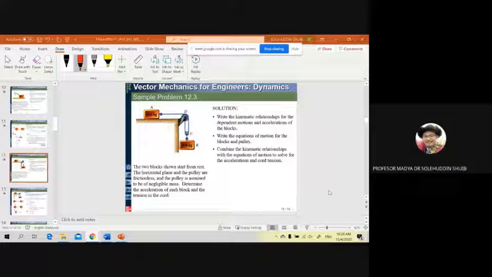So what is our strategy to solve this type of problem? Knowing the concepts that we have learned before in the kinematics of particles, and also the topics we have learned here, maybe any one of you can respond.